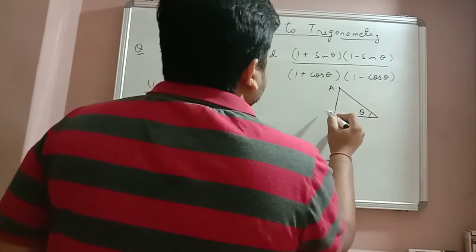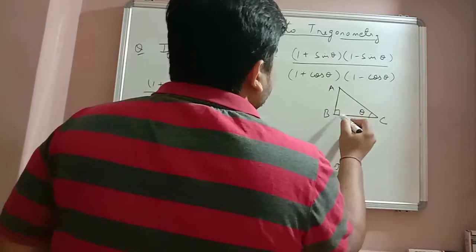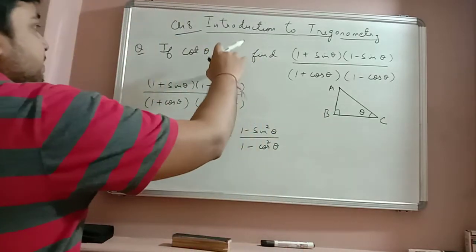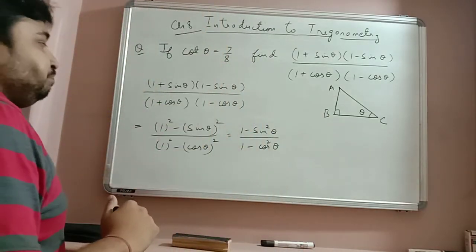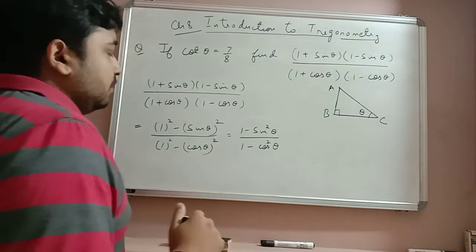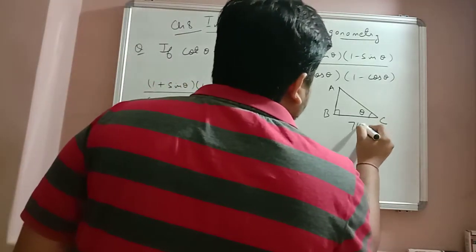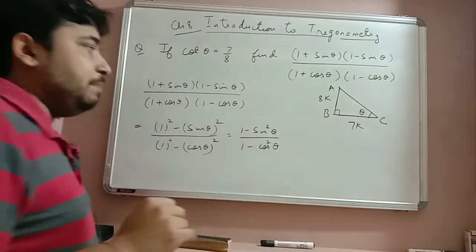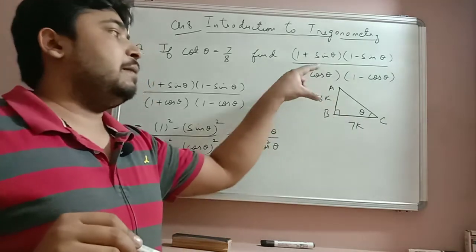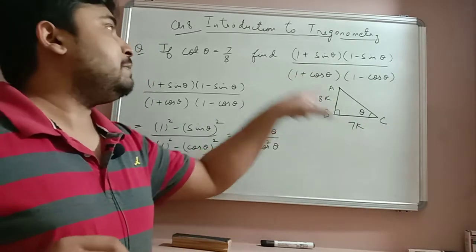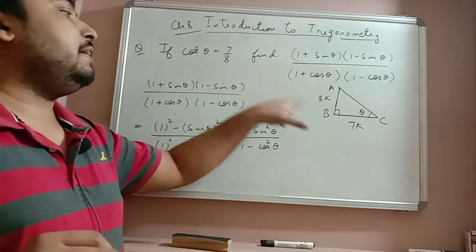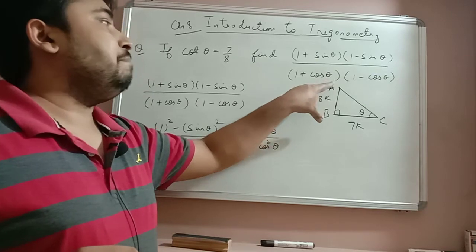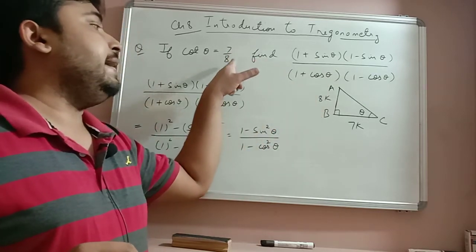Let's say the triangle is ABC, right angled at B. Now since cot theta is equals to 7 by 8 and cot theta is given by base upon perpendicular, base is BC and perpendicular is AB. So base is equals to 7k and perpendicular AB is equals to 8k.